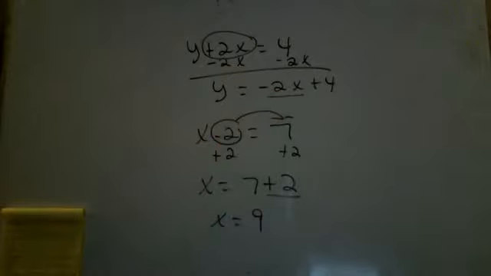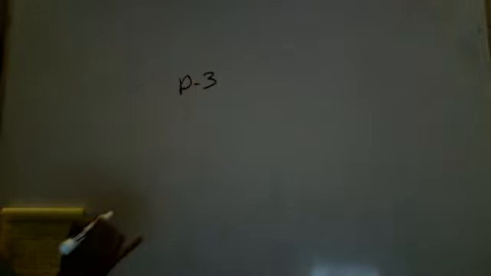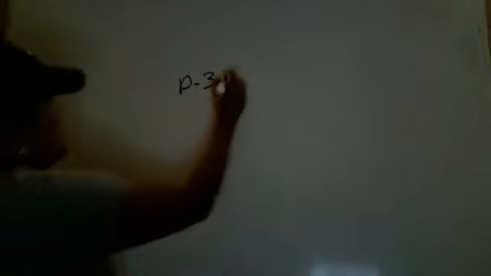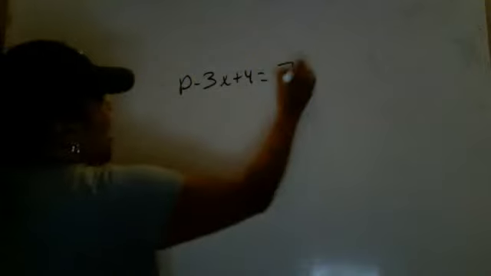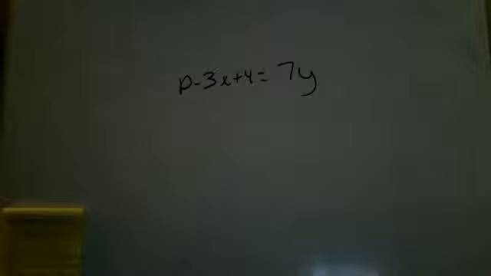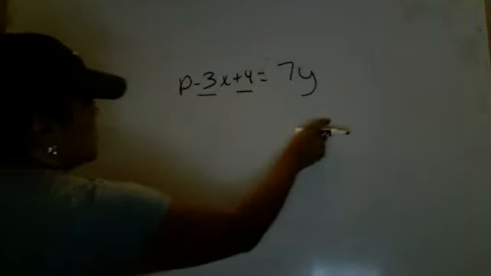Alrighty? This is called transposition, and it was a process used in algebra way back in the 1800s by publishers. It's just a different way of thinking. So let's look at another one. Say p minus 3x plus 4 equals 7y, and I want to solve for p. So I want to take this and this to the other side.